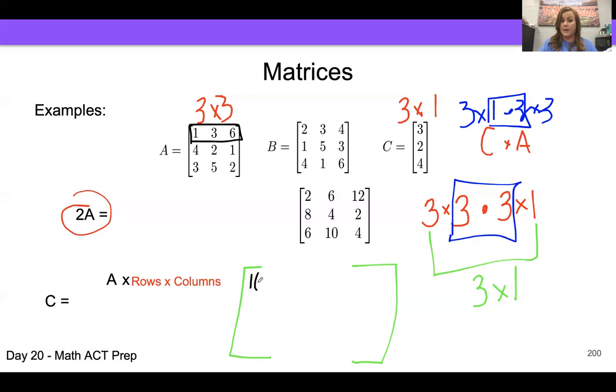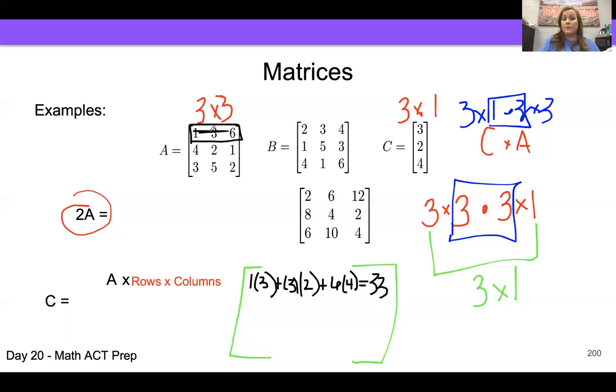So it's going to be 1 times 3, plus second term in the column, 3 times 2, plus third term, 6 times 4. So what do we get? 3 plus 6 plus 24. 24 plus 6 is 30 plus 3. That gives us 33. So our number is 33.